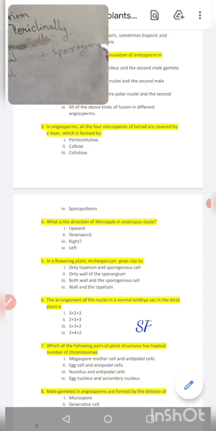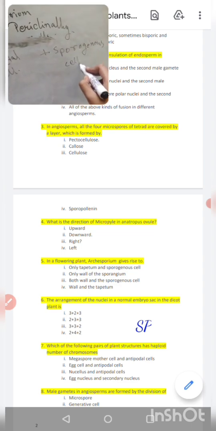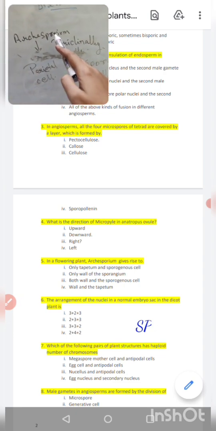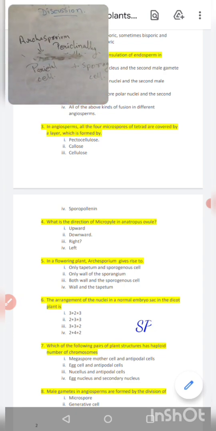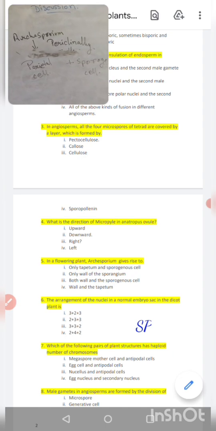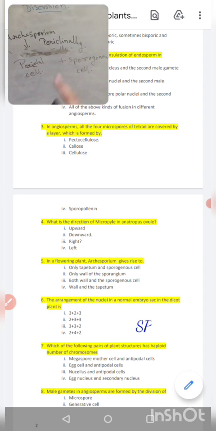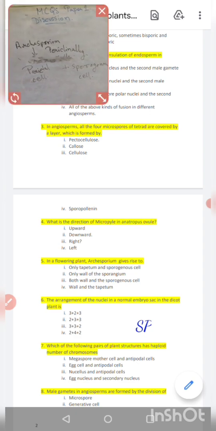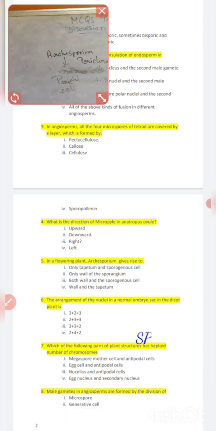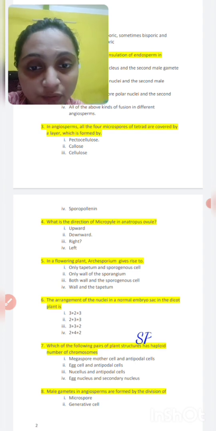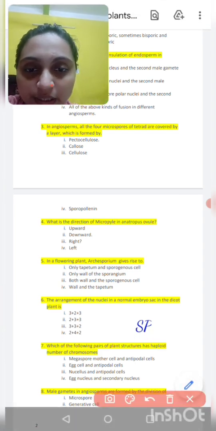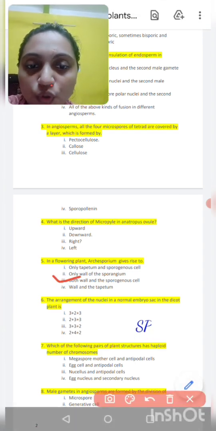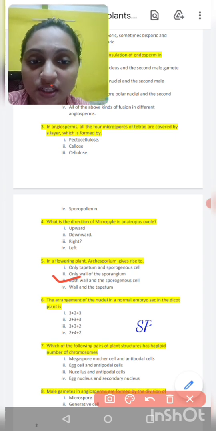So student, from the Archisporium we can get the mother cell as well as the wall of the mother cell, that is the covering cell of the mother cell. So the answer of number 5 will be option number 3, both wall and sporogenous cell.